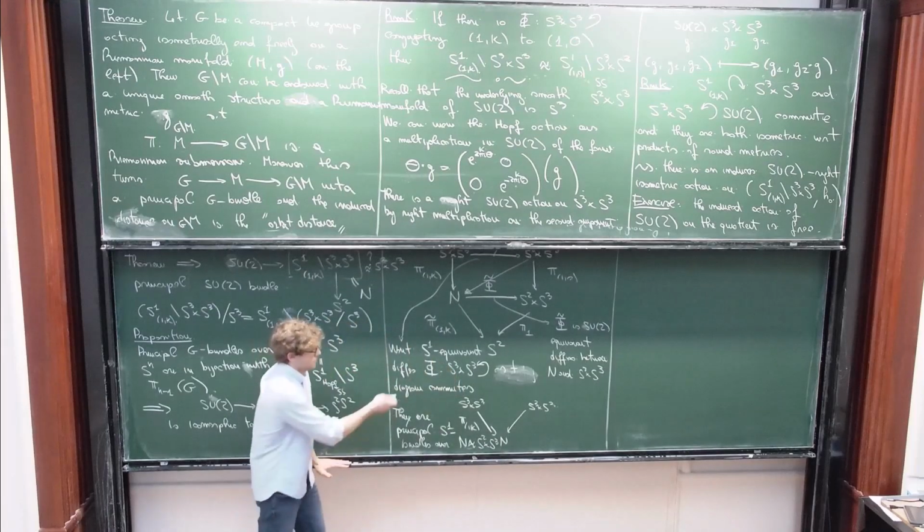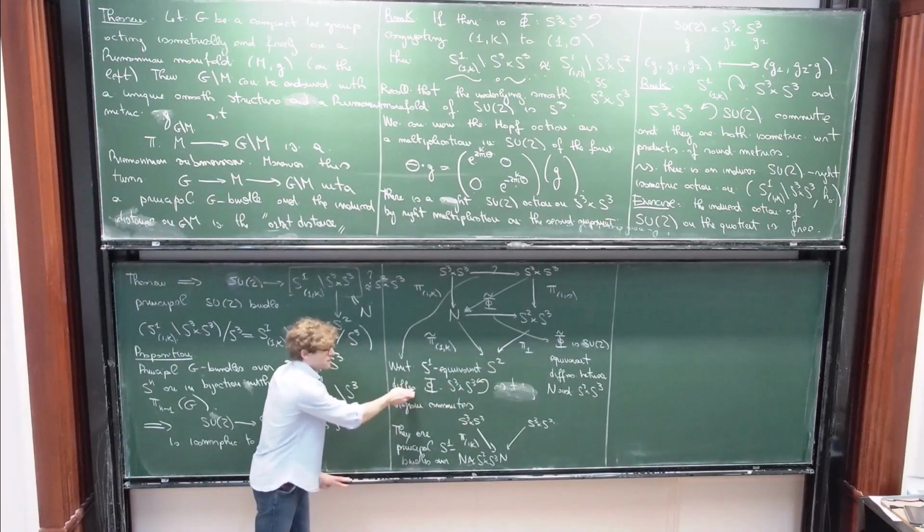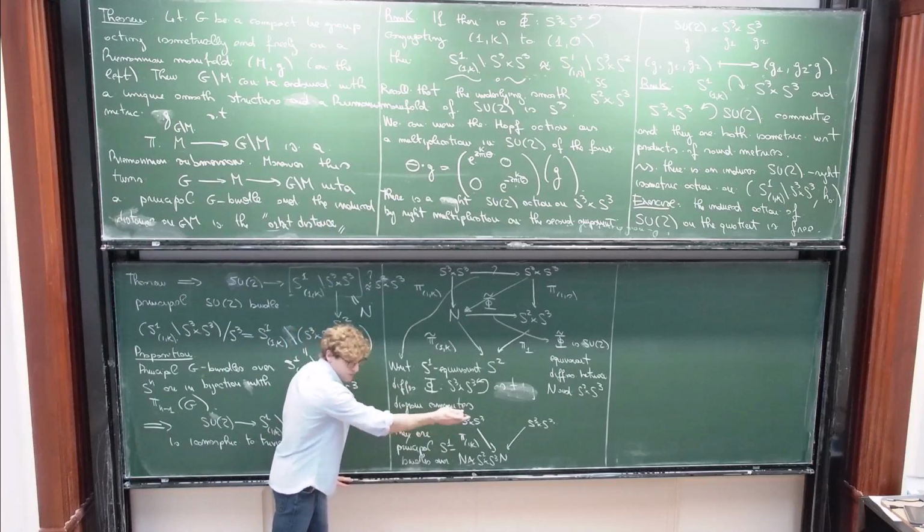If I rephrase what I would like to prove, it is that these two principal circle bundles are isomorphic.